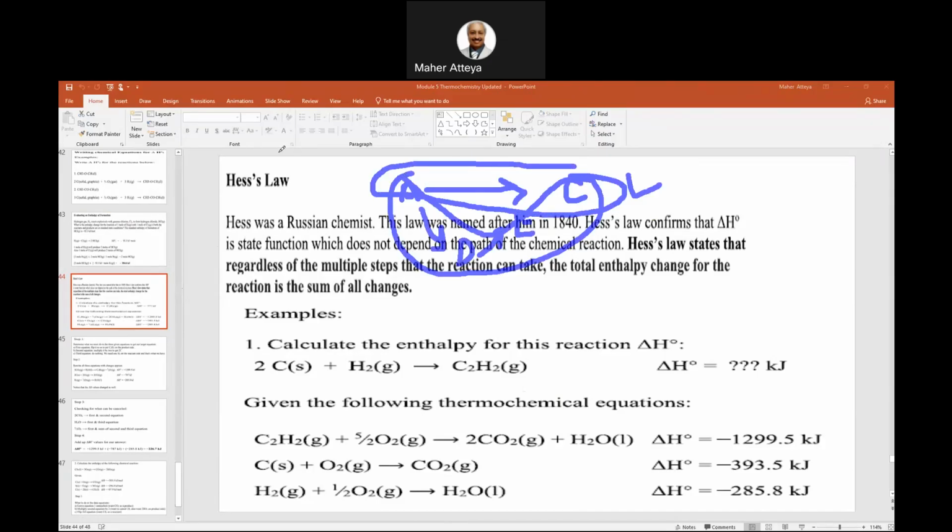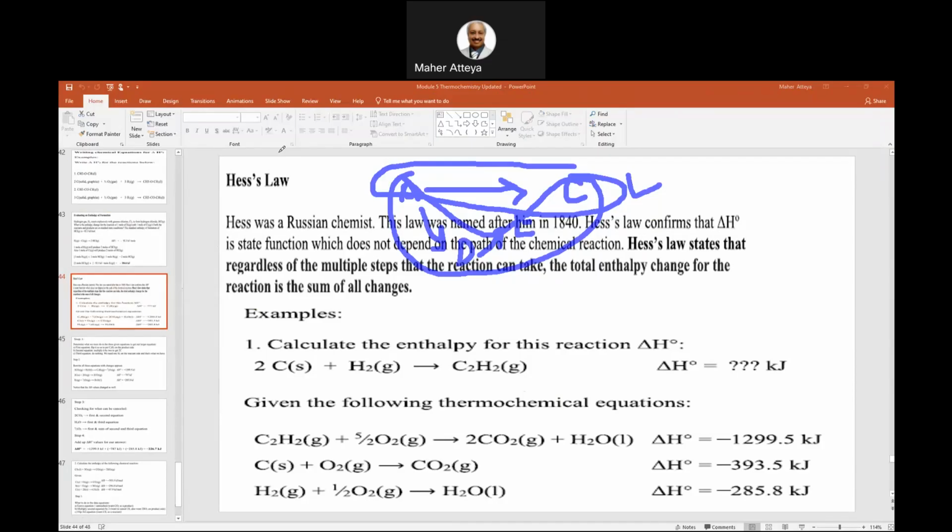Anytime you have a state function, it means this function or this expression does not depend on the path. You can take A, B, C, D, E, and then go back to C and calculate. You'll end up with the same thing as in one step. Are you following me here? So a state function does not depend on the amount.